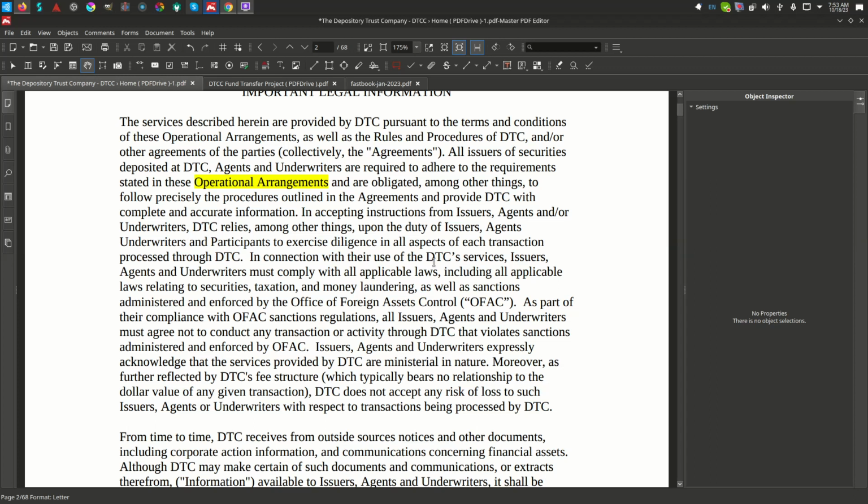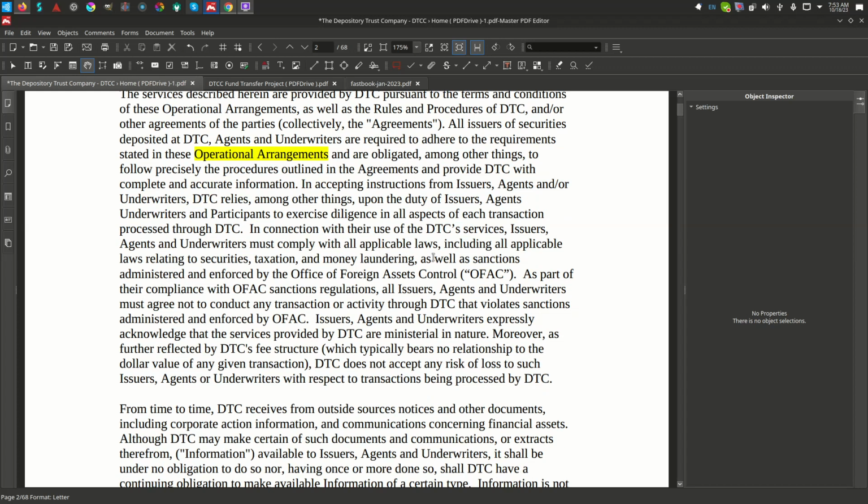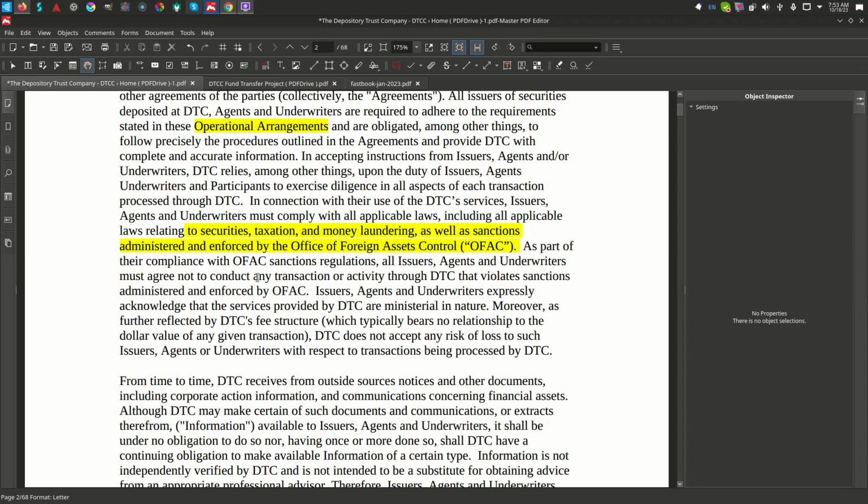In connection with their use of DTC service, issuers, agents, and underwriters must comply with all applicable laws, including all laws relating to securities, taxation, money laundering, as well as sanctions under OFAC. As part of their compliance with OFAC sanctions regulations, all issuers, agents, and underwriters must agree not to conduct any transactions or activities through DTC that violate the sanctions administered and enforced by OFAC.